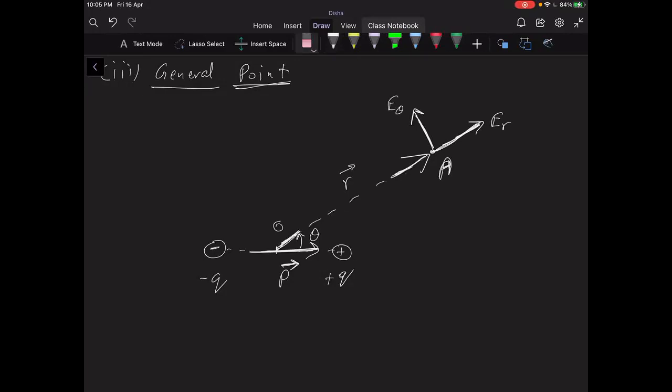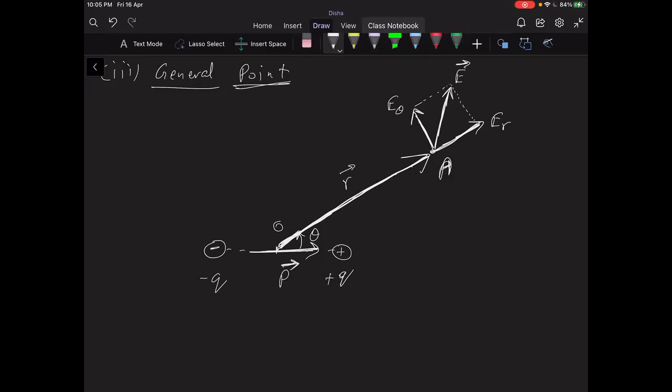So tangent and radial, there are actually two components, and we will write the formula and remember them for the radial and the tangential components. And then you can find the net field, and whatever you need to do with that is up to us, just vector manipulation. Everything else is normal. So if I know E R and E theta, I know the electric field also.